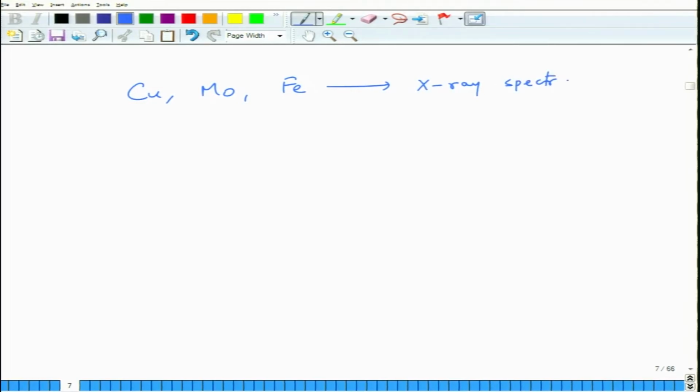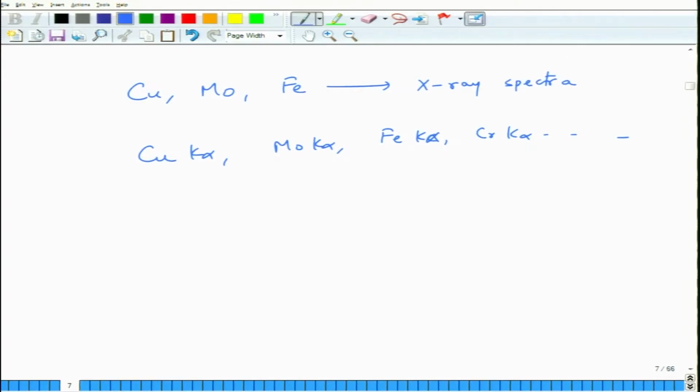So we use copper K alpha, moly K alpha, Fe K alpha, chromium K alpha, and so on. These radiations are used, and they will have different wavelengths. As a criterion for a target material, most of these are metals because they emit X-rays which are useful to you. The radiation that you use depends upon the type of material that you want to examine.